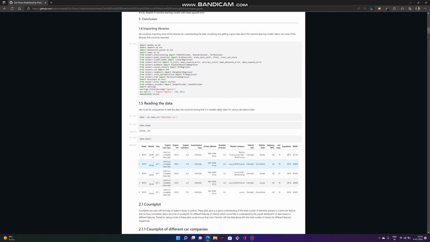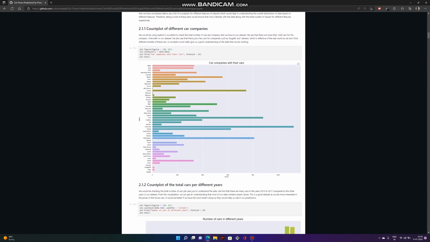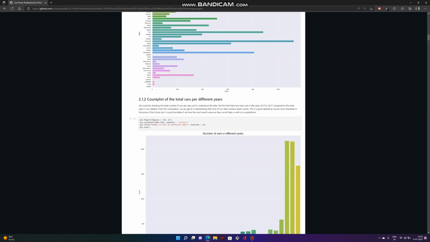These are some of the libraries that I have used in the beginning, and we do the exploratory data analysis to find out the total car companies with their cars. We see that in our data we have a large number of cars from the manufacturer Chevrolet, followed by Ford, followed by Volkswagen and a few others.